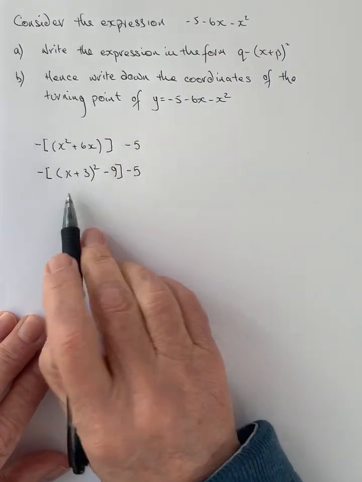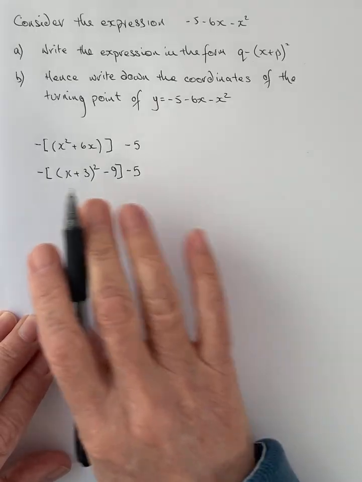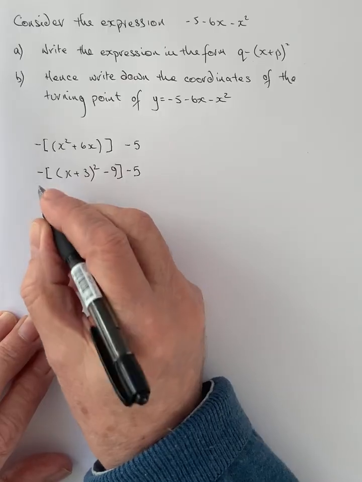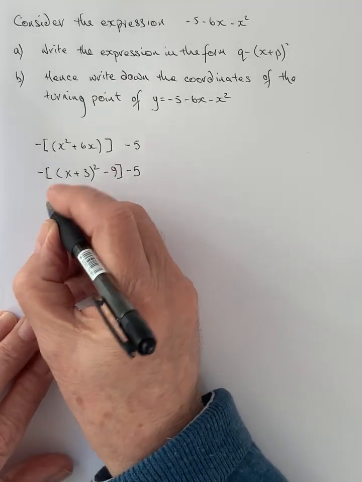And now we've actually completed the square here. All we have to do now is tidy this up. And we tidy it up by bringing the negative back in.